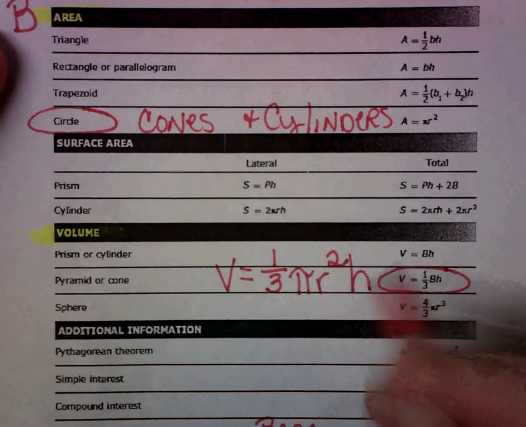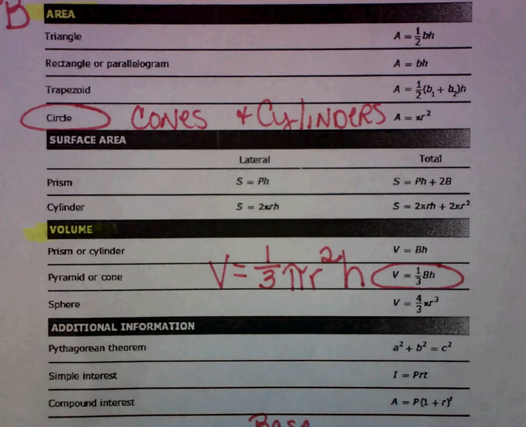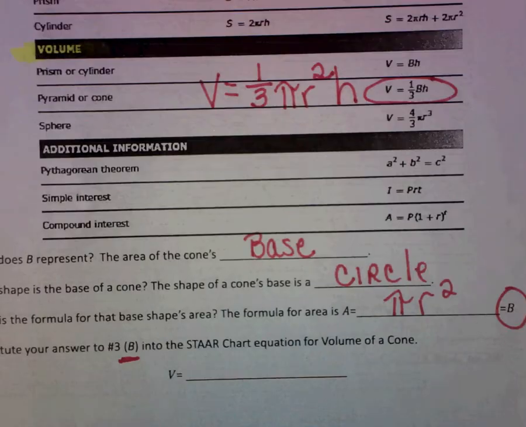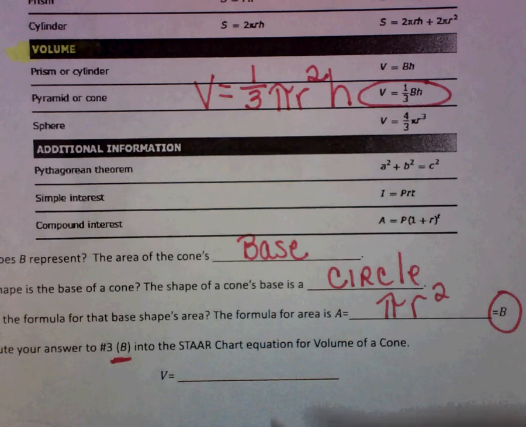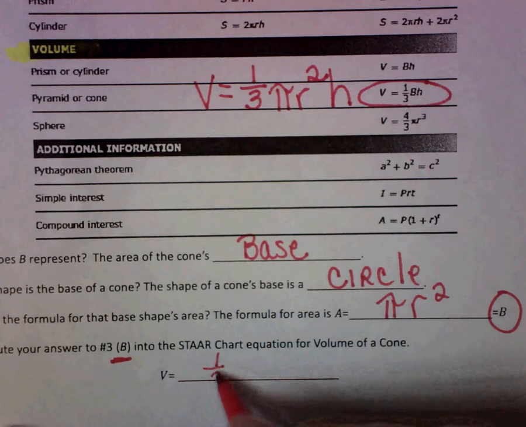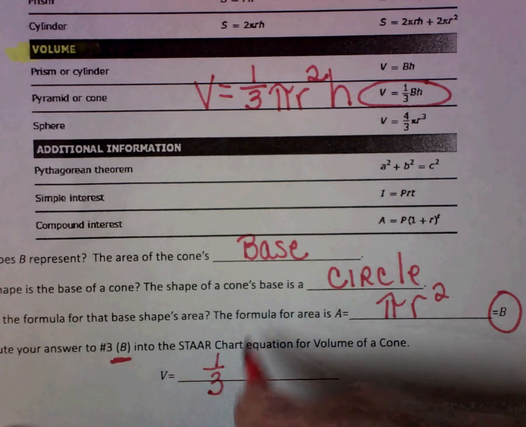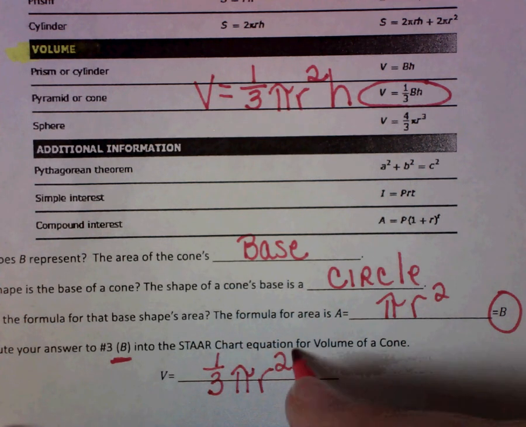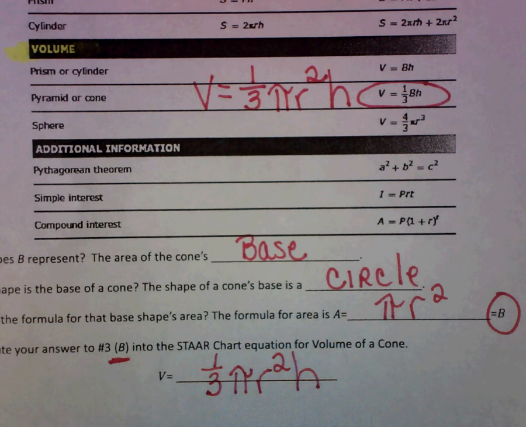And then remember, h stands for the height of the cone. I'm going to come back down here to the bottom and write down that same formula, 1/3 pi r squared h.